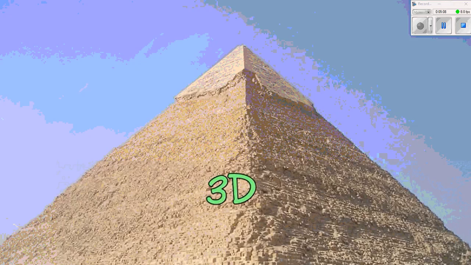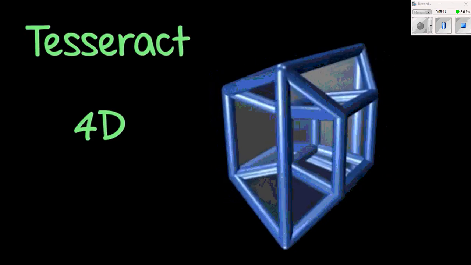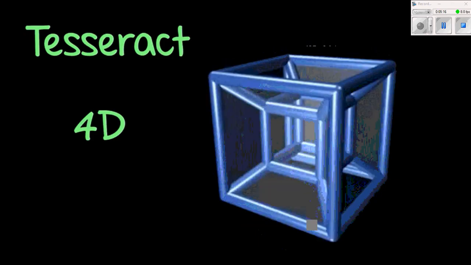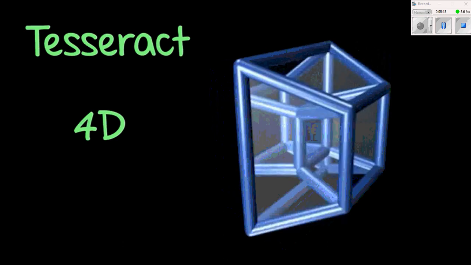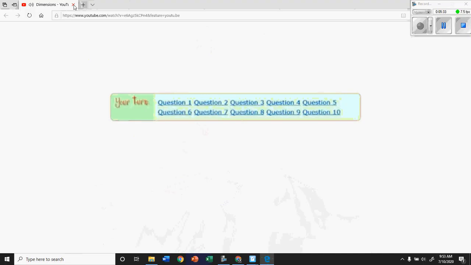The world we live in is 3D. We also call them solid shapes. In mathematics, we can have more dimensions, but they're hard to draw. Summary. The number of dimensions is how many values are needed to locate points on a shape. To put your new knowledge into practice, try the your turn questions.